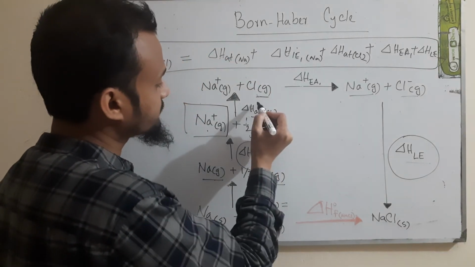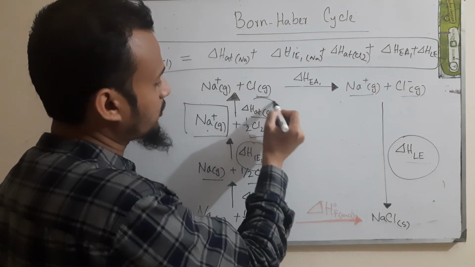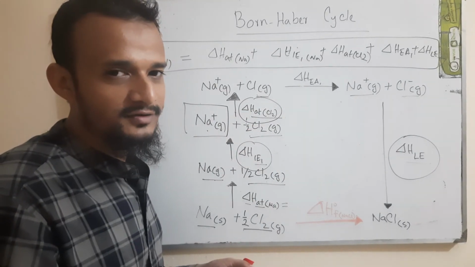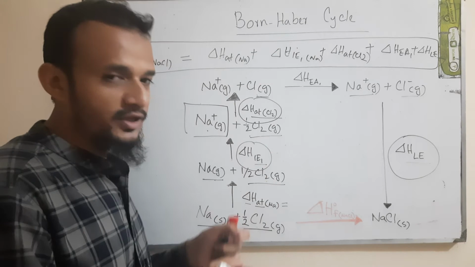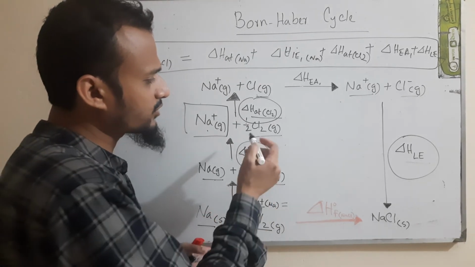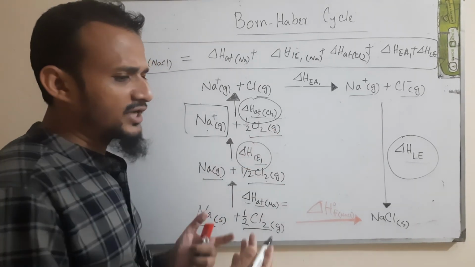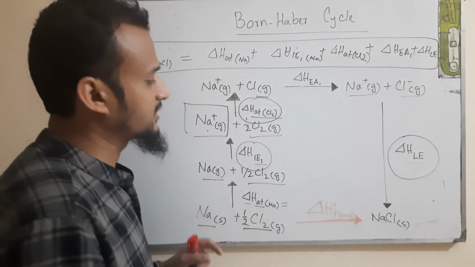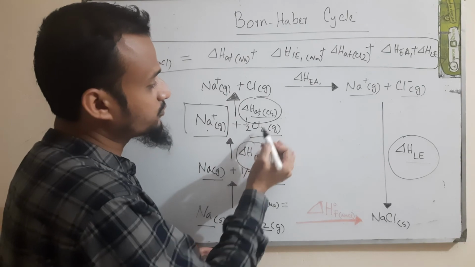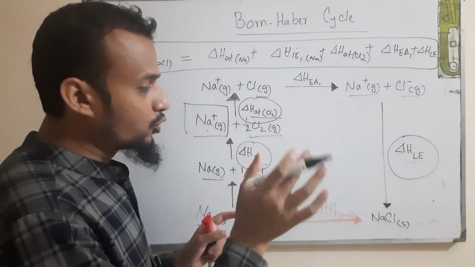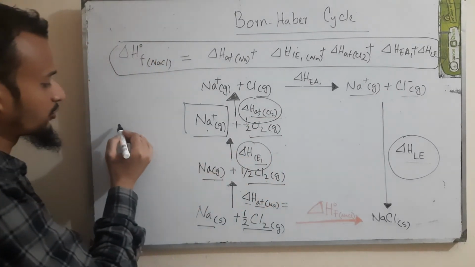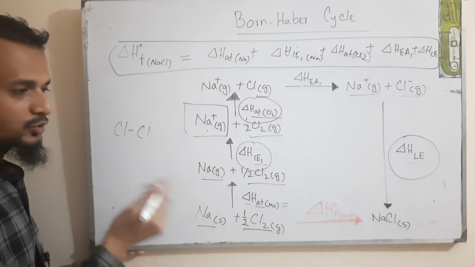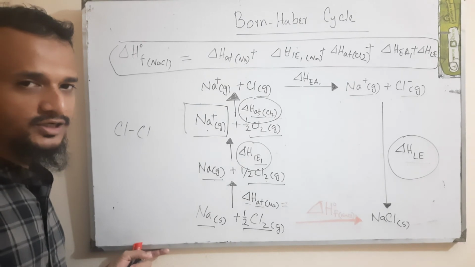Now this one will also not be given in your question paper. You need to look at the data booklet for that value. You can ask, sir, we do not see any atomization energy in our data booklet. There is no such thing as atomization energy. Well, here's the thing. If you see half Cl2 becomes Cl, you look at the bond energy of chlorine in your data booklet.